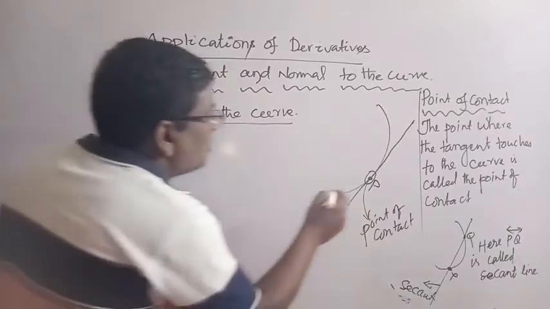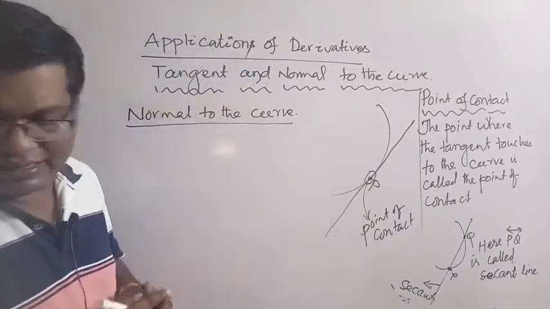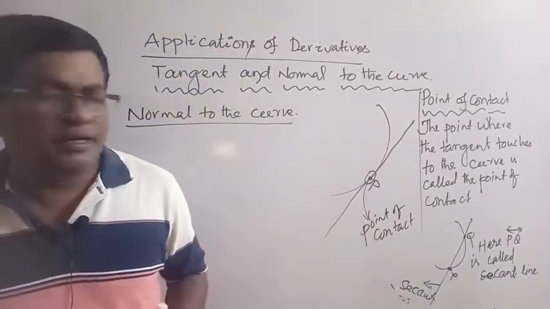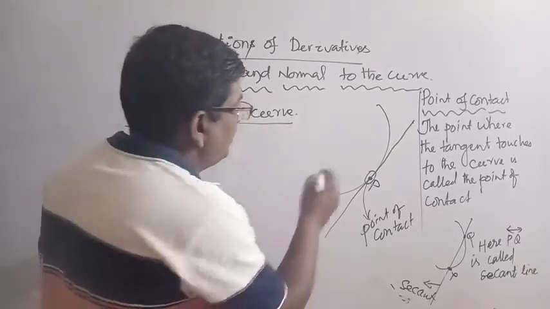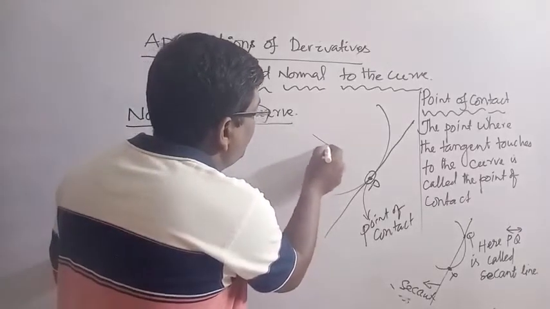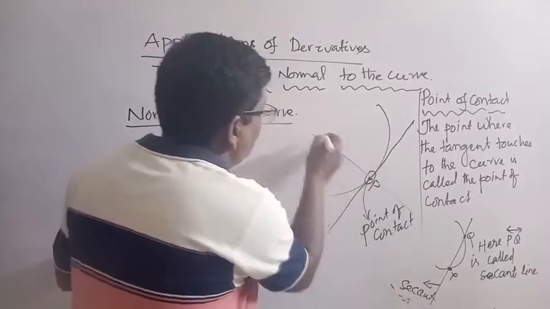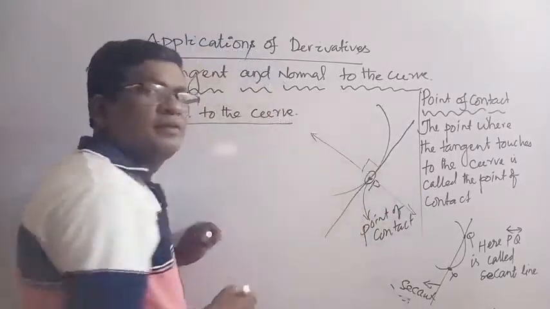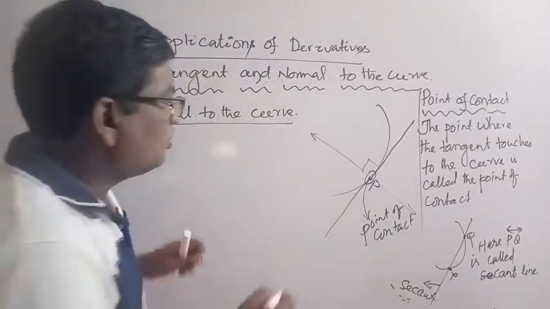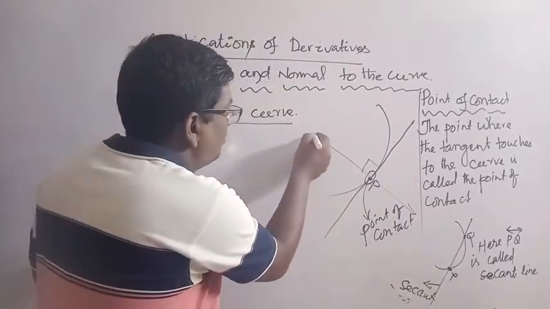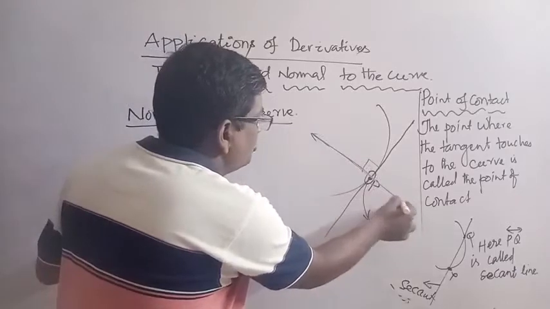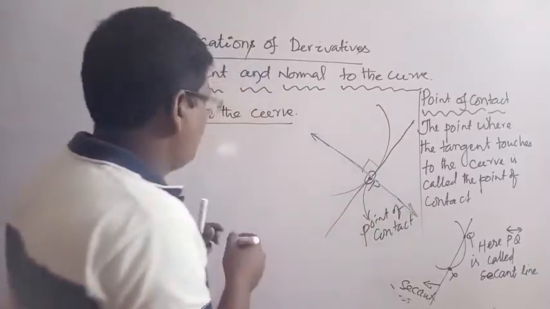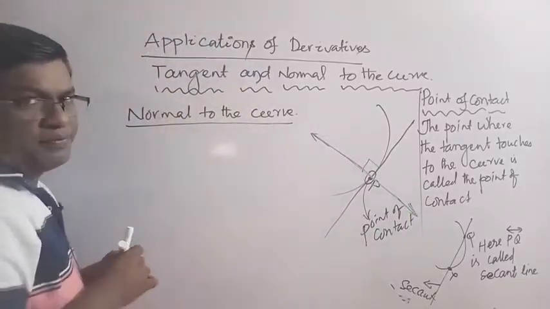Here suppose a line, and this is another line, and this is perpendicular to this. This is the normal line, that is, normal to the curve.